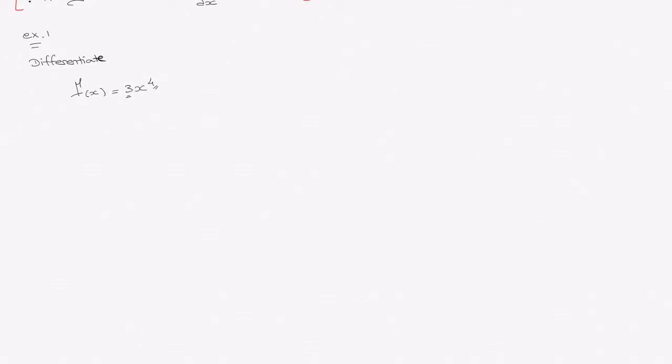So simply using that formula at the top, I can go ahead and say f dash of x, the derivative function, is equal to 4 times 3 times x to the power of 4 minus 1. 4 times 3 is 12, so I can write this as 12 times x to the power of 3, since 4 minus 1 is 3.